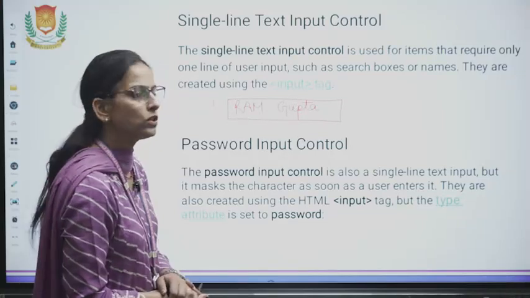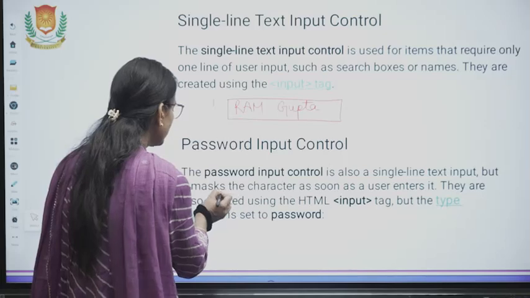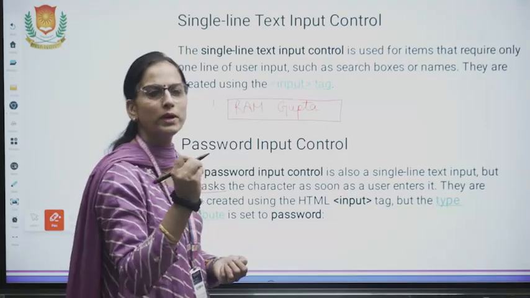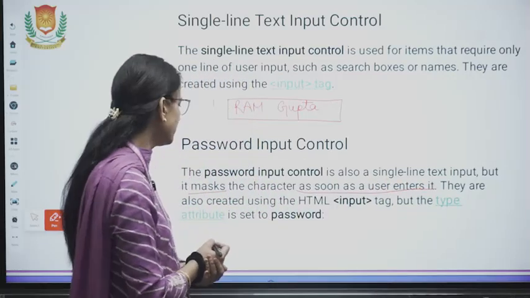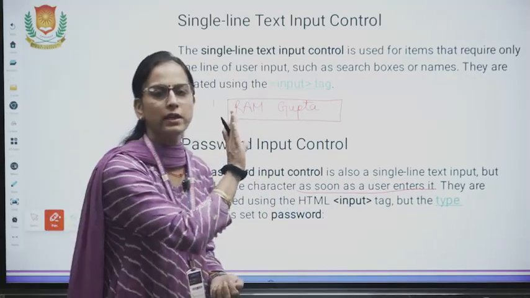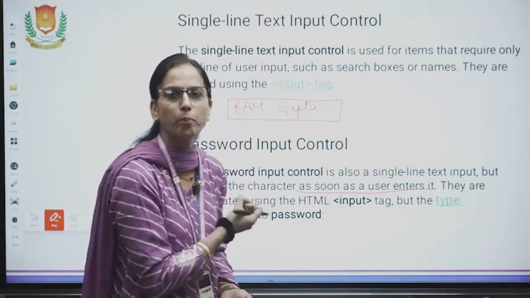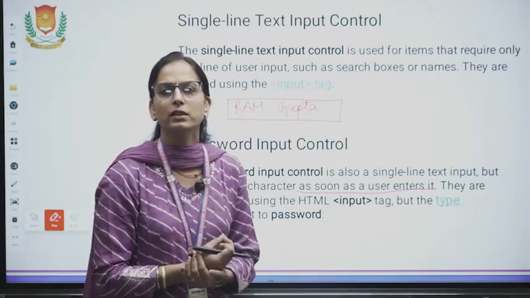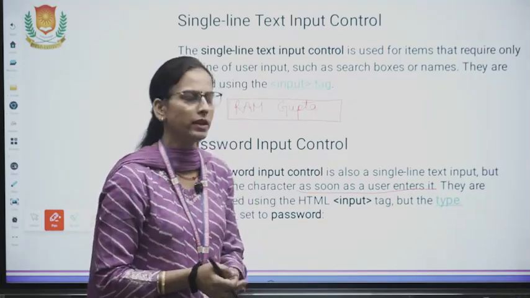Password control is also a single line input box, but it masks the characters. Whatever you type, as soon as the user enters the data, it is hidden. Your characters will not be visible; this is the property of the password control, that the characters will not be displayed on the screen.